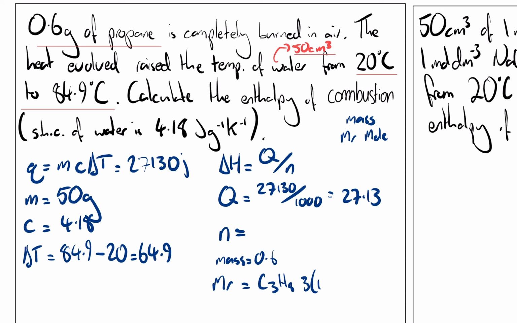So I've got 3 lots of the 12 plus 8 lots of the 1 gets us to 44. So to work out my moles, I'm going to do mass divided by Mr. Which gets us to 0.01364. Let me come back to here.